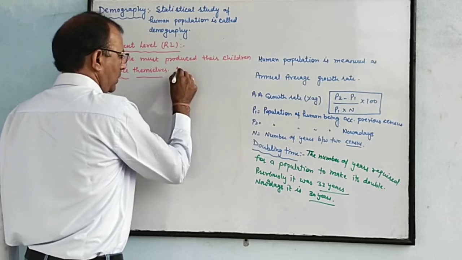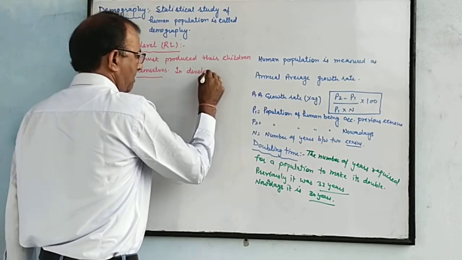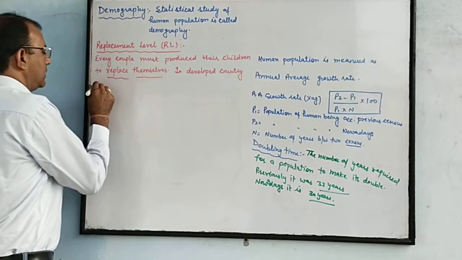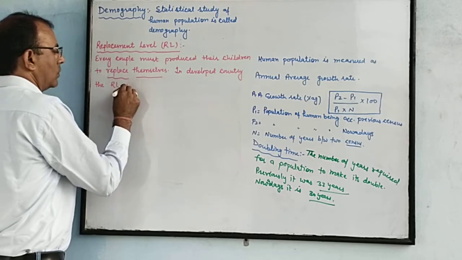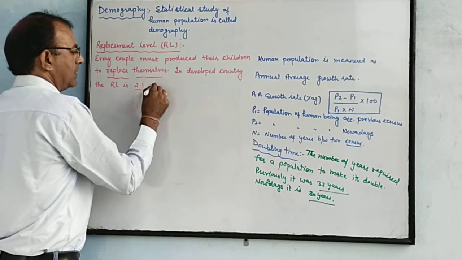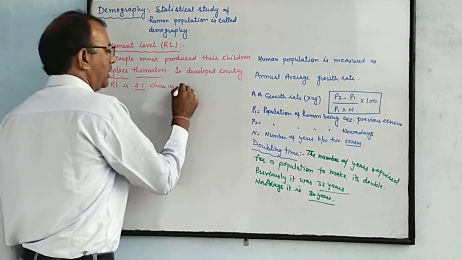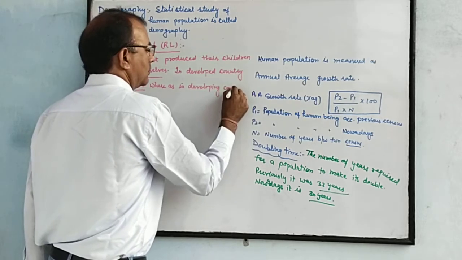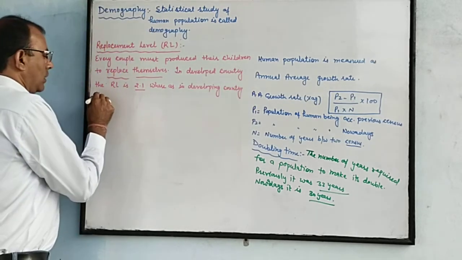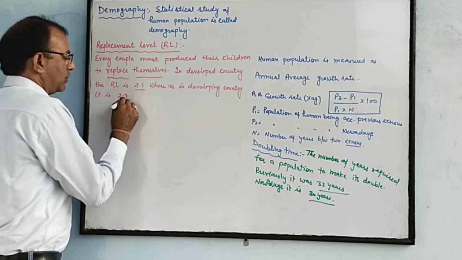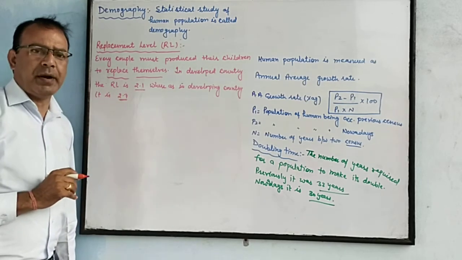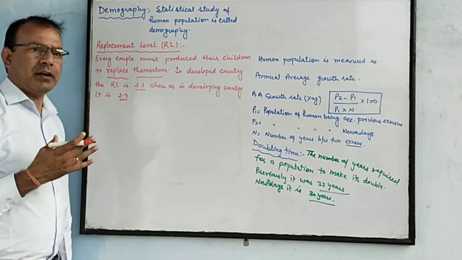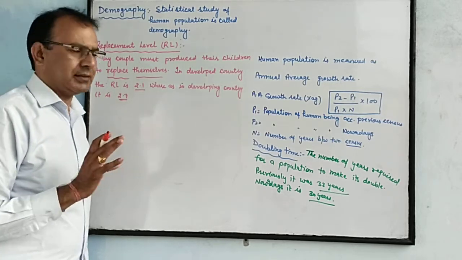In a developed country, the RL is 2.1, whereas in a developing country it is 2.7, due to not providing proper medical facilities, so the infant mortality rate and the mortality of mothers increase.